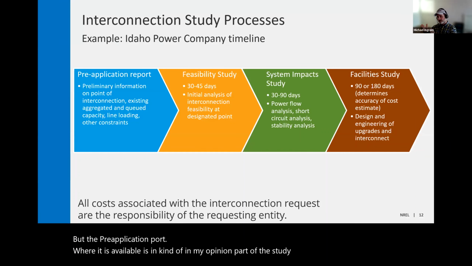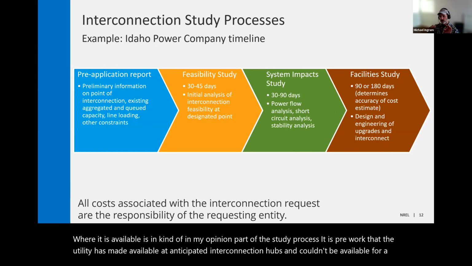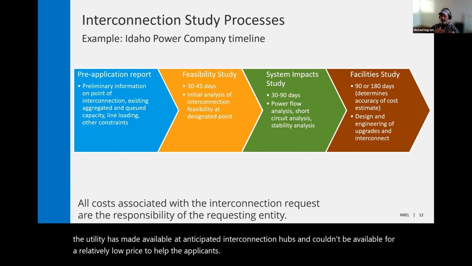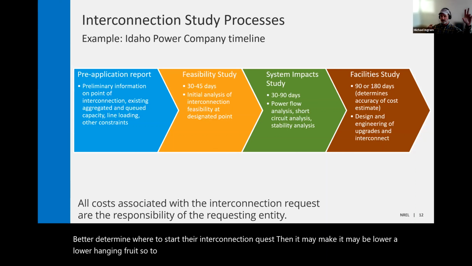It is pre-work that the utility has made available at anticipated interconnection hubs, and could be available for a relatively low price, to help the applicants better determine where to start their interconnection request. It may be lower hanging fruit, so to speak, to connect to this substation than this substation, for example.